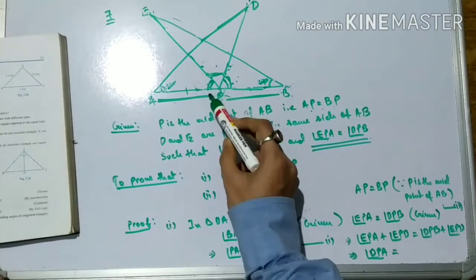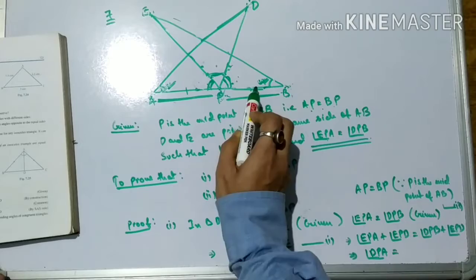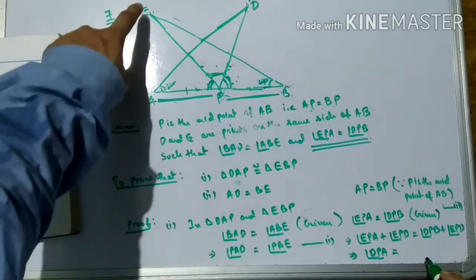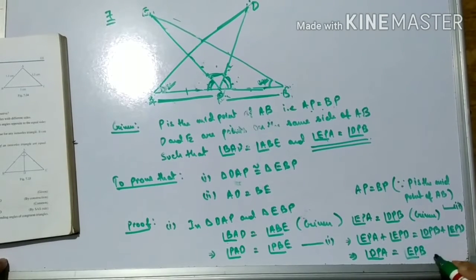That is EPB. This whole angle EPB I will get. So that is EPB I will write. And this will be our equation number 3.